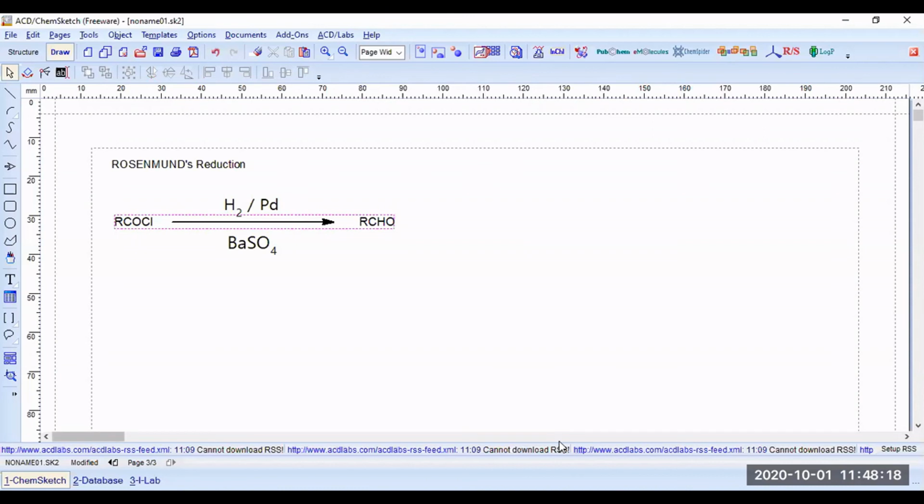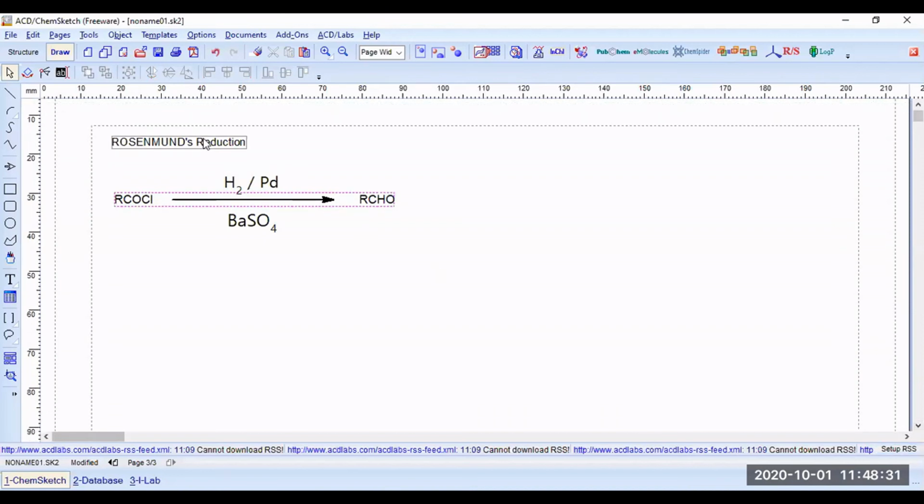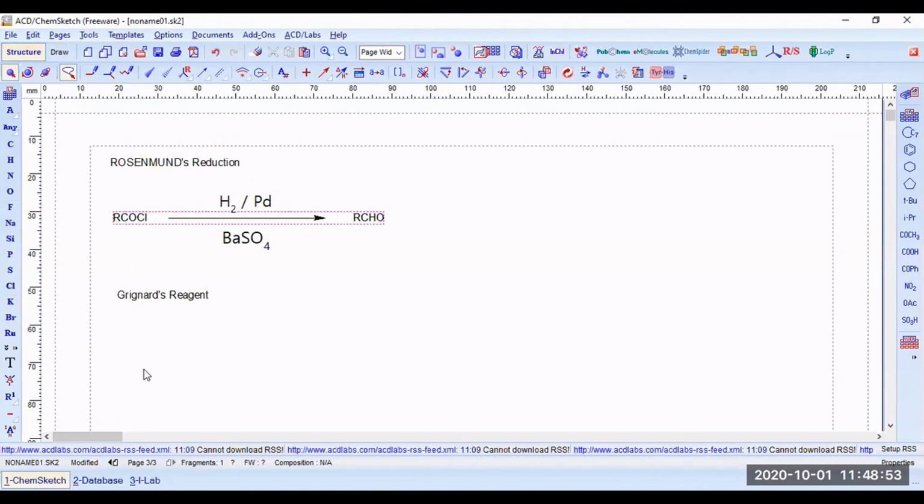One more method, from Grignard reagent, whether ketones can be made. That is what we are going to see in the next reaction, from Grignard reagent. We have not seen much about Grignard reagent reactions in the alkyl halides.